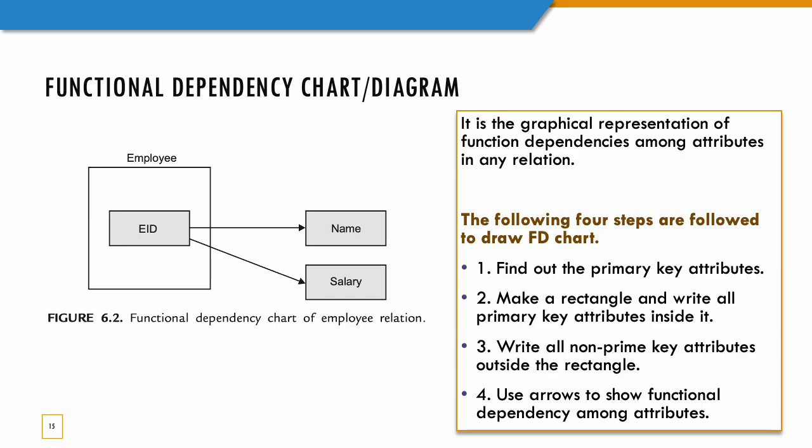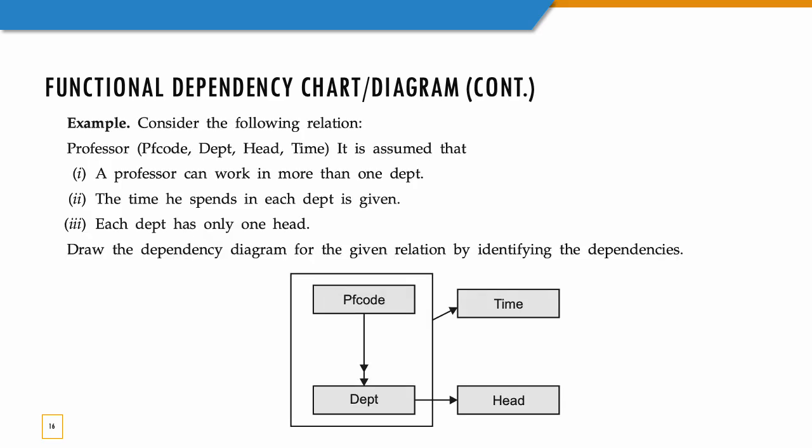Okay, next one. We're still in the chart of functional dependency, and we have an example of a professor. It's the relation of professor. We have professor code, department, head, and time. A professor can work in more than one department, and the time here means how long he spent in each department.